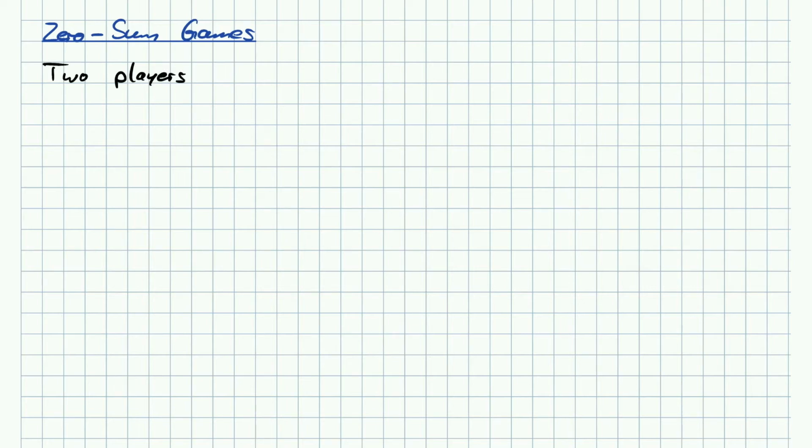And what else do we have? We have a matrix A, which is an M by N matrix.